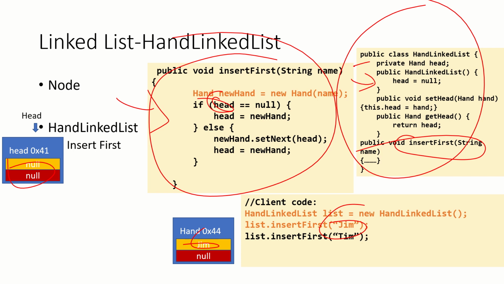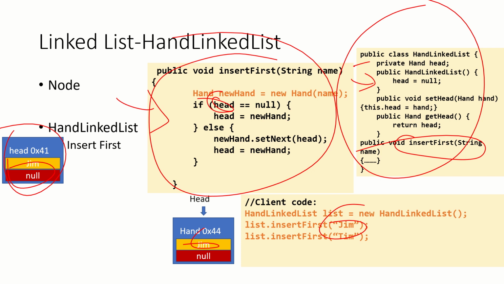Okay, what's the head right now? Who is the head? Nothing, right? The head is nothing. So we will get into the if statement, right? And assign the new head as a head, right? Then go to the next line.